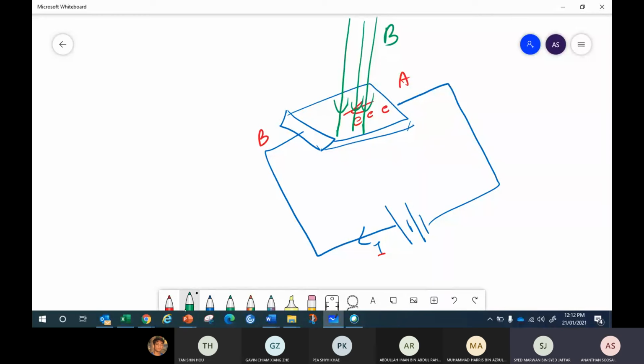Wait, let me put labels: C, D, E, F. So where is it going to deflect, to the CD side or the EF side? Use your Fleming's left hand rule.